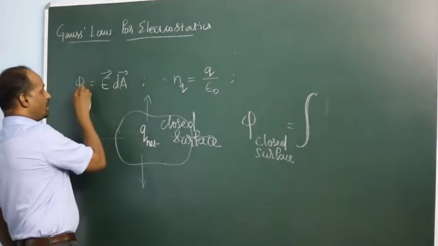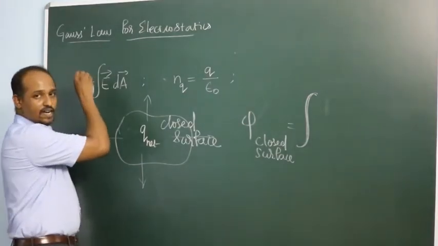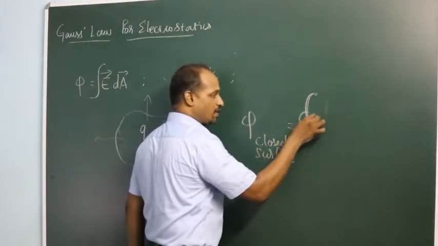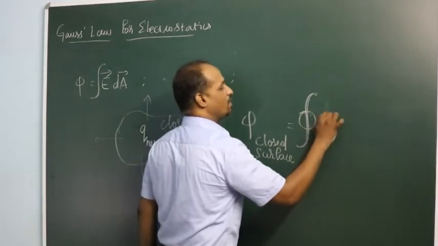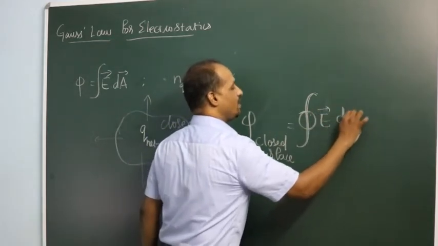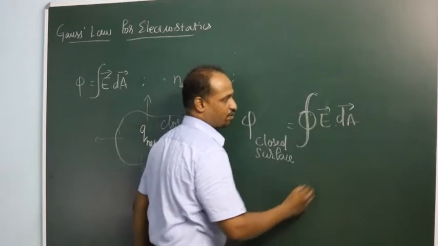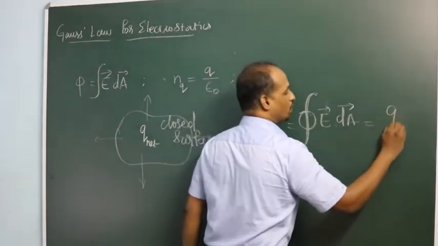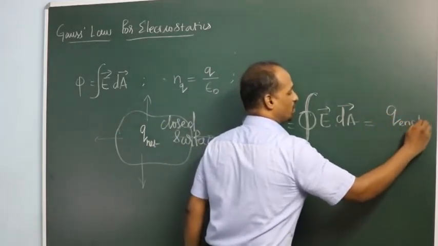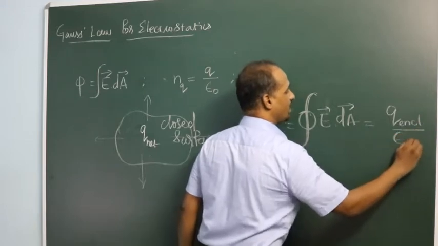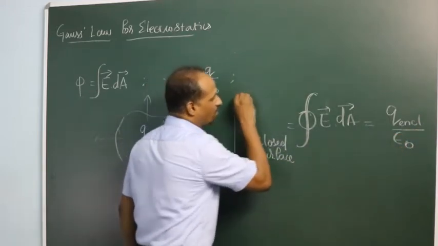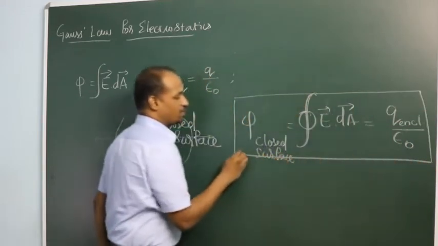If it is E dot dA, the total flux will be the closed surface integral of E dot dA, or ds as sometimes it is written, equal to the total charge enclosed by the surface divided by epsilon naught. This is called Gauss law for electrostatics.